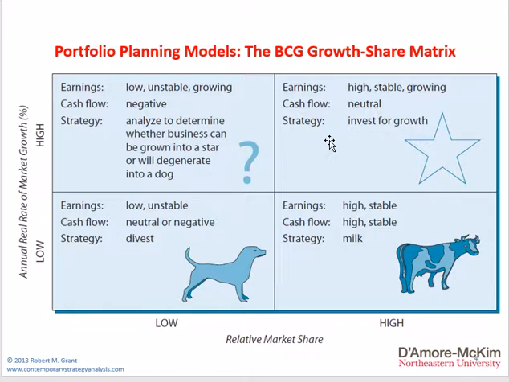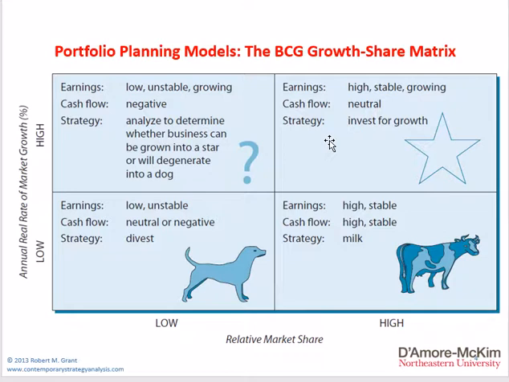So far, the strategy has been pretty clear for the three sectors. The fourth quadrant, the question mark, is the hard one. Here, the division within the firm is not performing well. It's low in terms of its ability to capture market share and performance. However, the industry is a high growing industry.